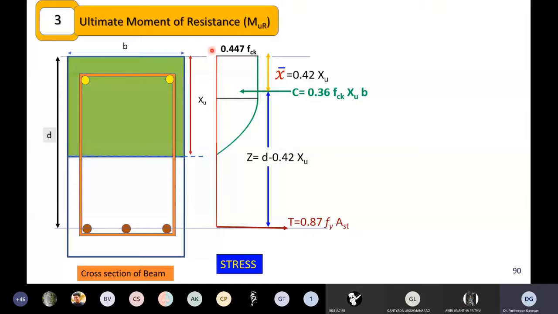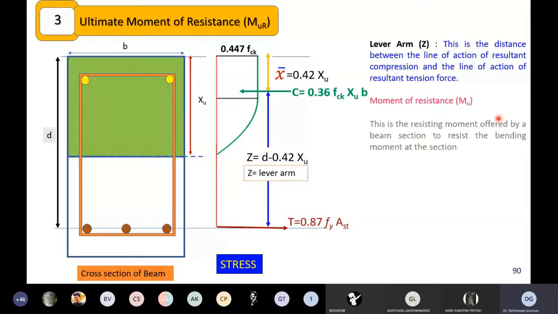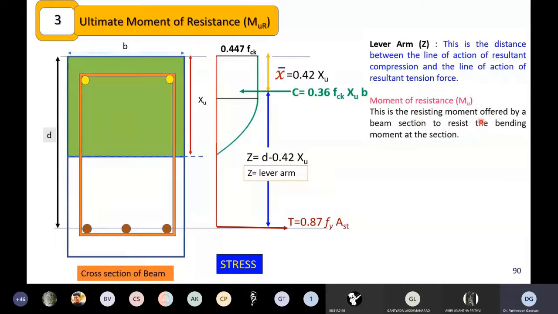This is called the lever arm. The distance between the line of action of resultant compression and the line of action of resultant tension force is called the lever arm. Now moment of resistance MUR is the resisting moment offered by a beam section to resist the bending moment at the section.